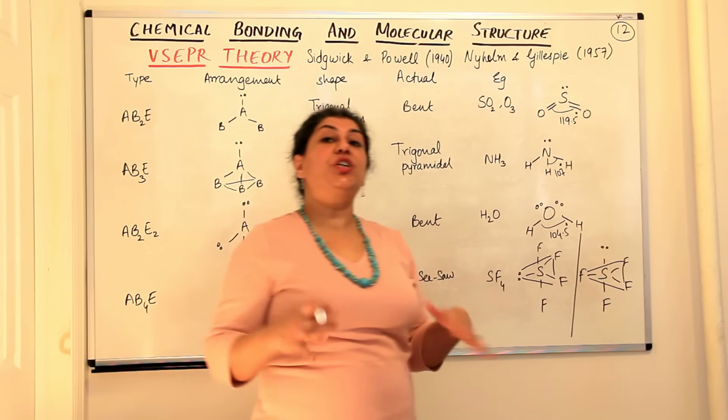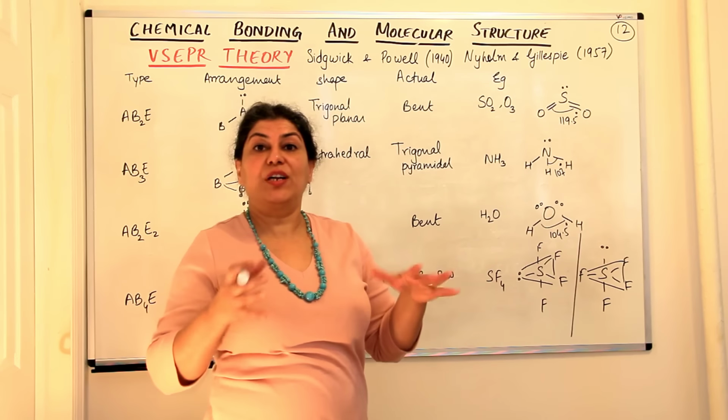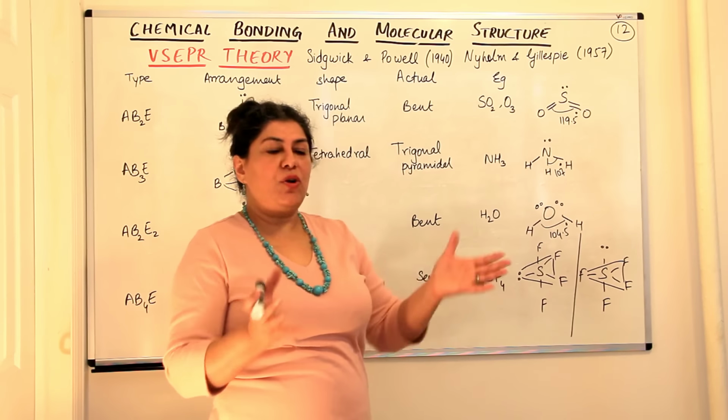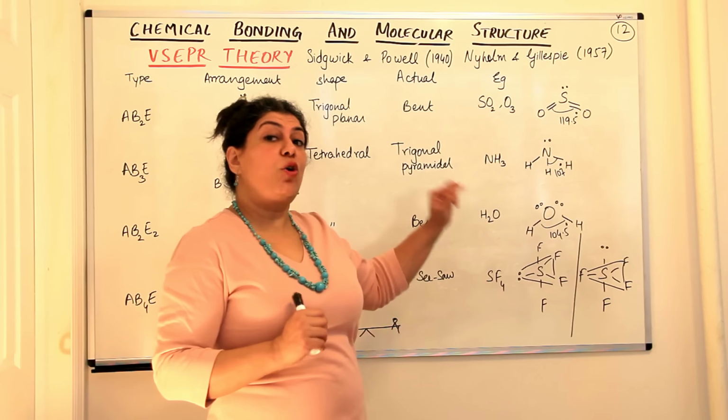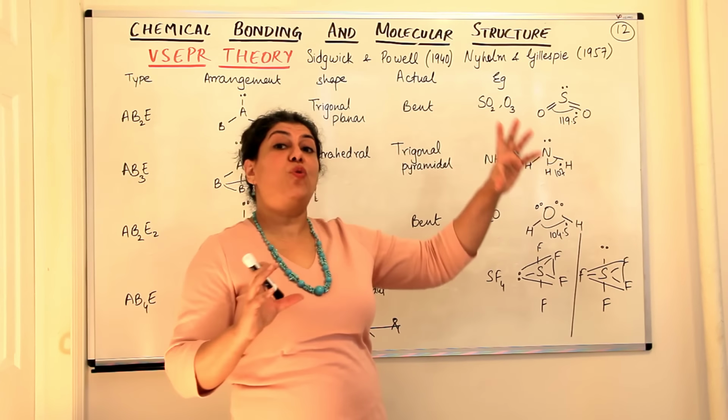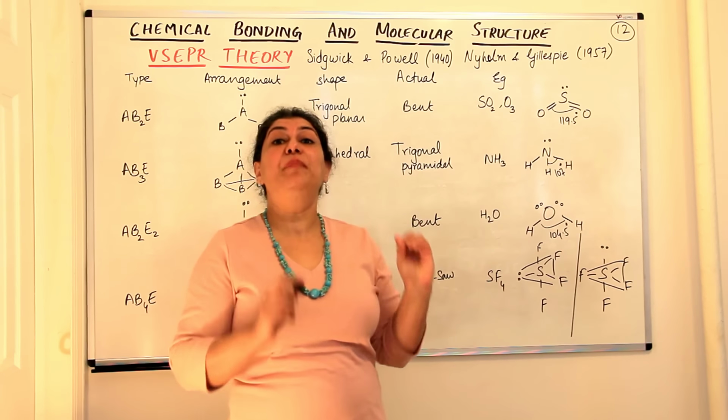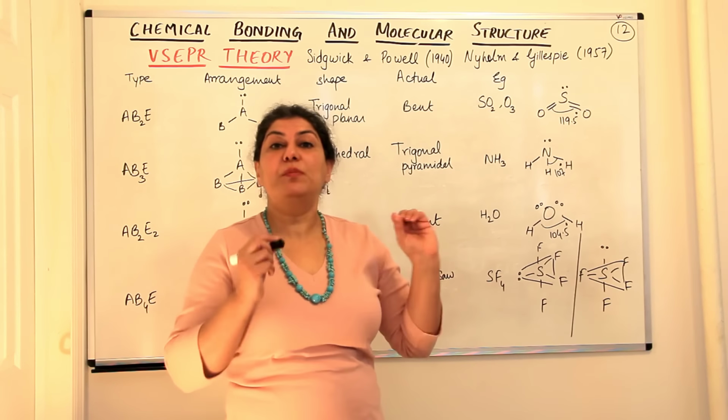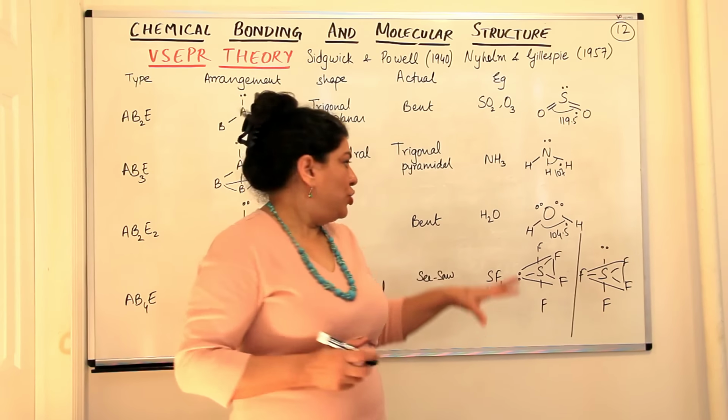In that structure the repulsion is more, and the structure is not as stable, because according to the VSEPR theory, the electrons try to occupy such a position that they have minimum repulsion and maximum distance. So this lone pair would occupy the equatorial position. Right? So the right structure here would be this, and this is the structure of a seesaw. So we call it the seesaw structure for this molecule.